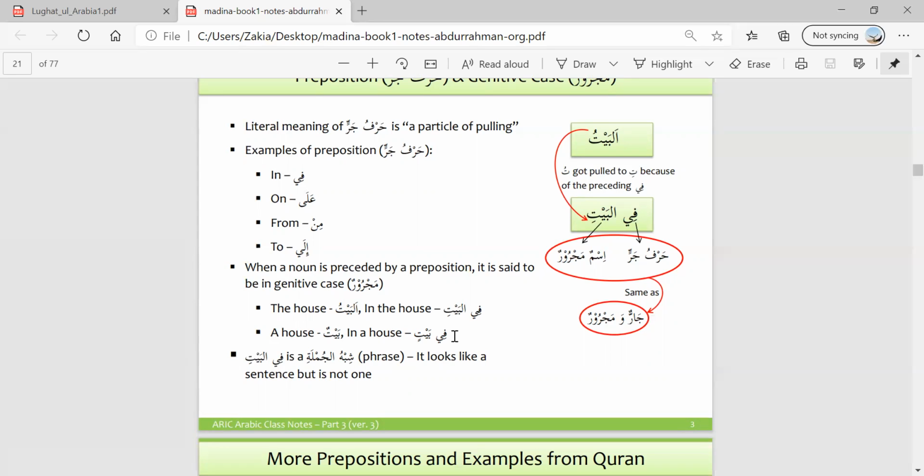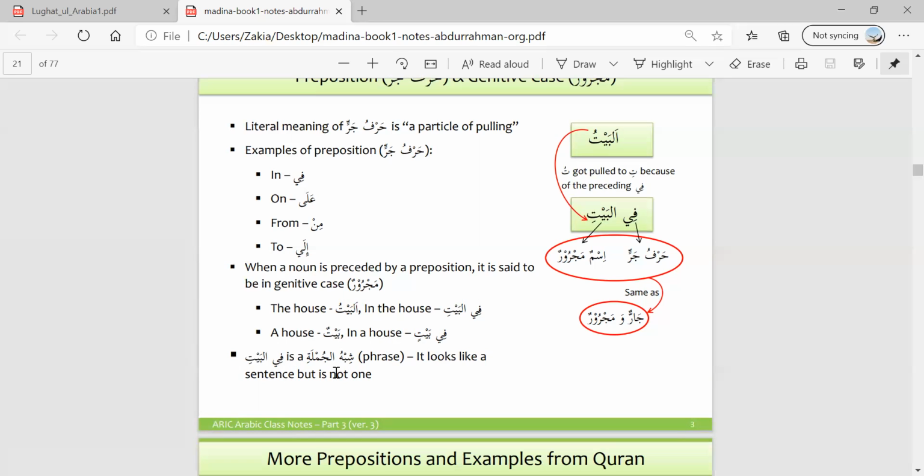Why? Because, as we've mentioned, we have fi. Okay, so you have something here called shibh jumla. Shibh jumla is basically a phrasal sentence. So it's a phrase, it could be one phrase or more than that. It looks like a sentence, but it's not. Shibh jumla is basically anything from the preposition onwards.